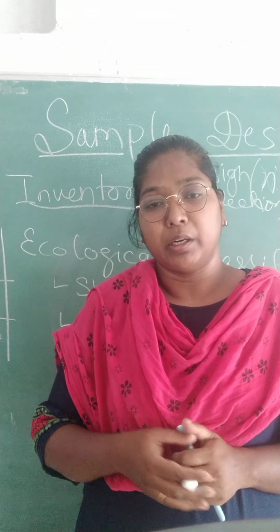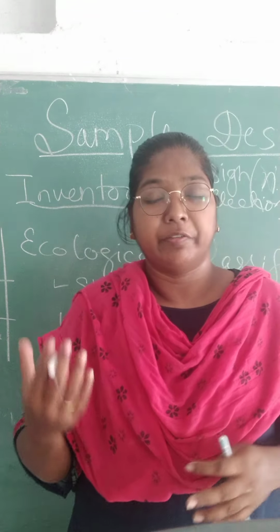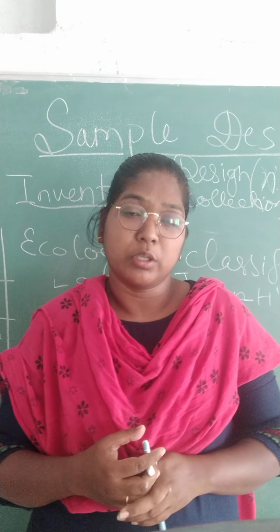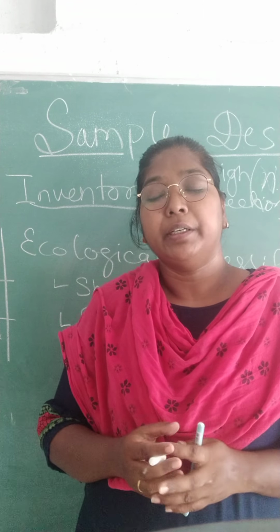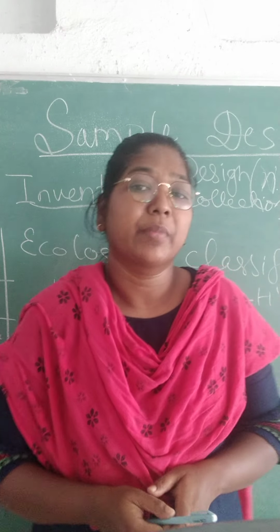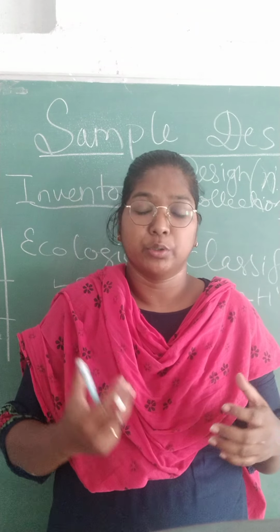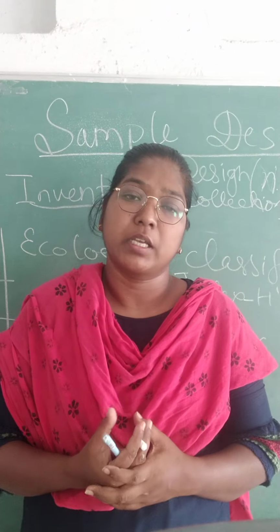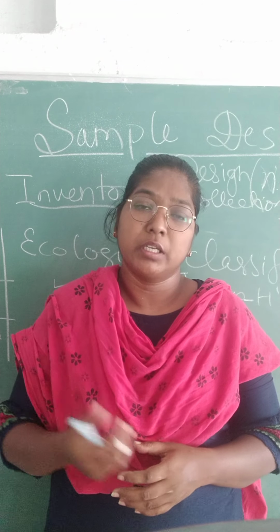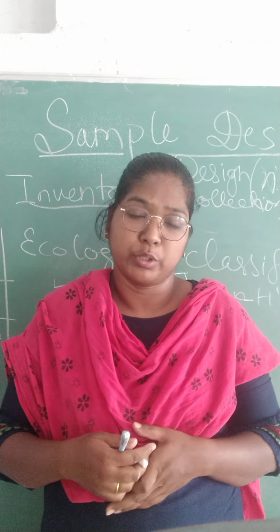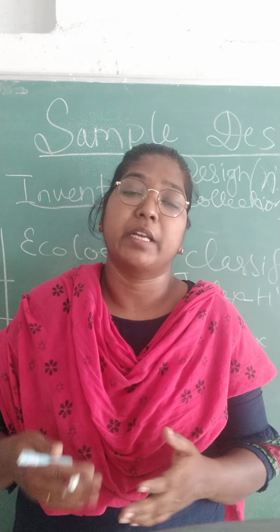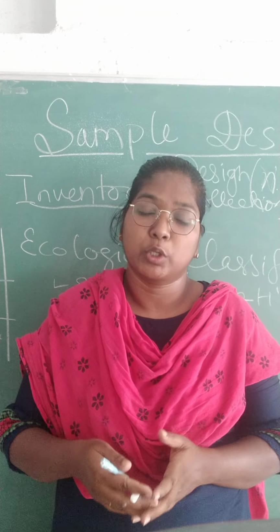How we sample and what the different methods or technologies are, we will see in the next class. It is an introductory class, and here we should see the main composition and why sampling design is necessary in research methodology.